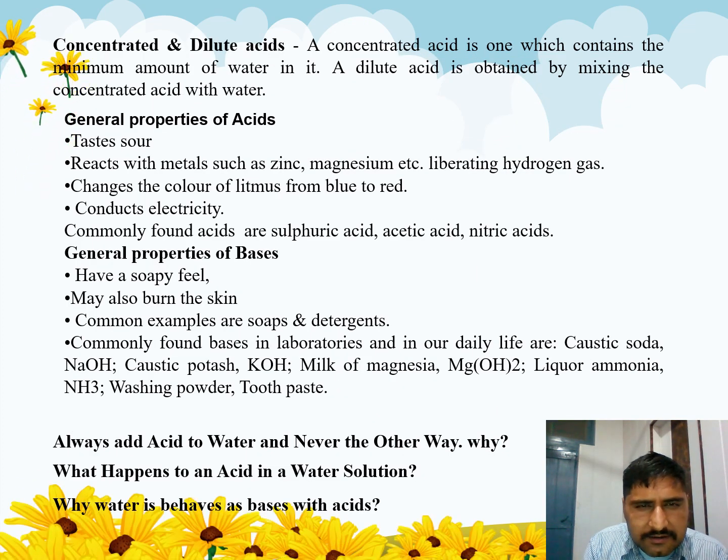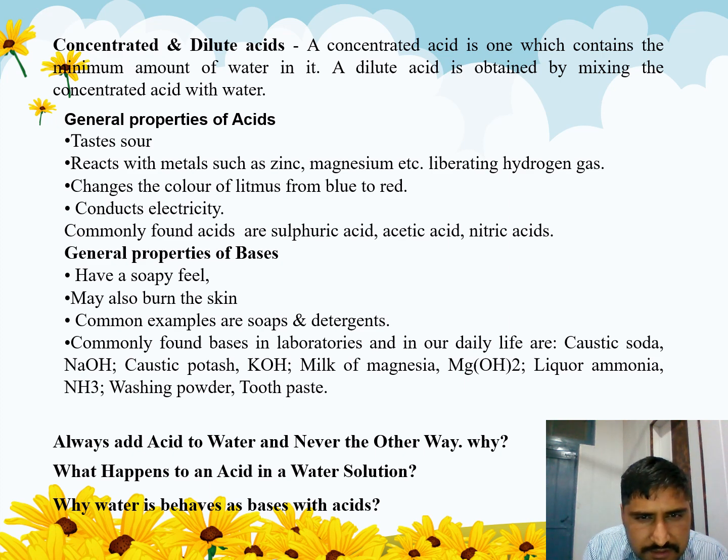Concentrated and dilute acids. A concentrated acid is one which contains the minimum amount of water. A dilute acid is obtained when we add water to the concentrated acid. There are some general properties of acids. Number one, they have a sour taste.